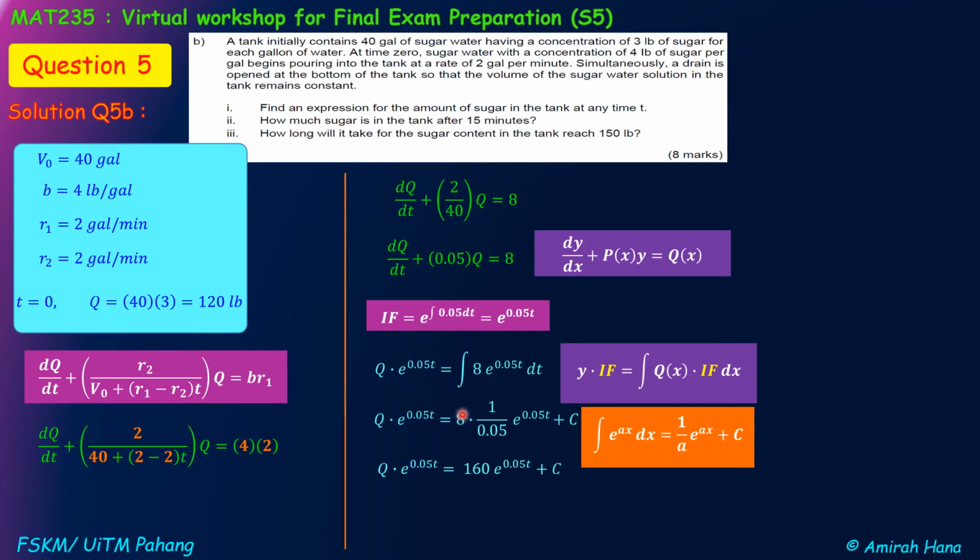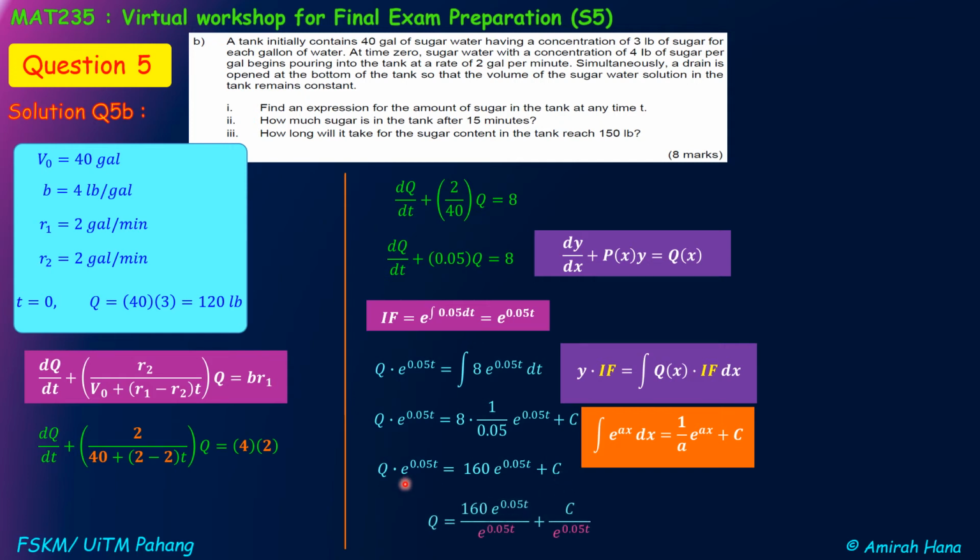Then we can simplify 8 divided by 0.05 equals to 160. So we have Q times e to the power of 0.05t equals to 160 e to the power of 0.05t plus c.